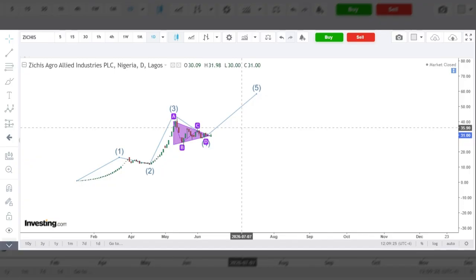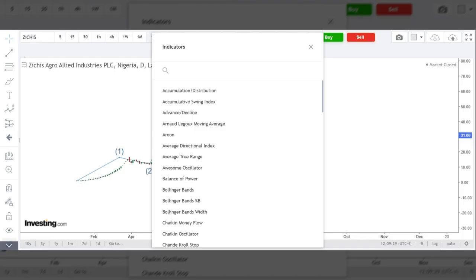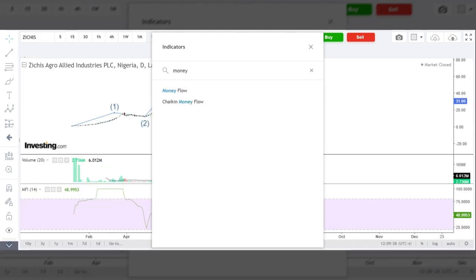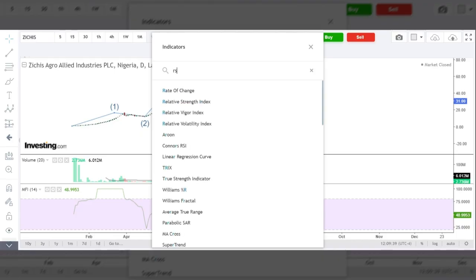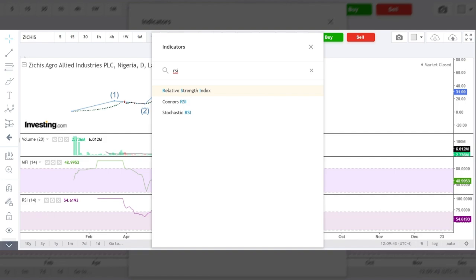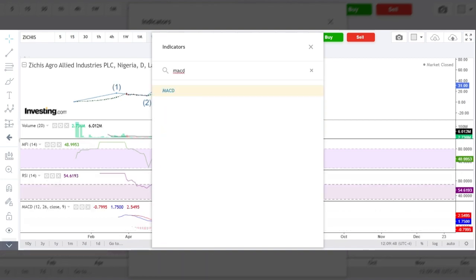Let's bring up other indicators to know how far we have come. First bring up money flow, then we have RSI, then we have MACD. What else? I think that's all.